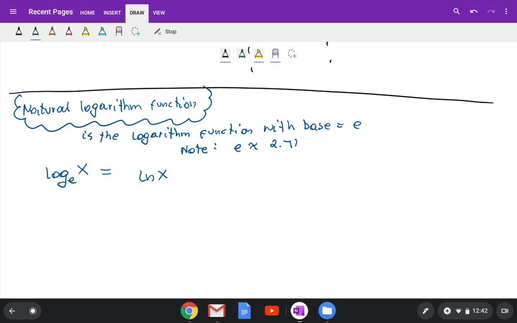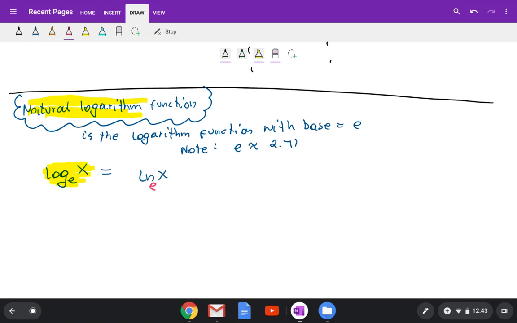Why? First of all, if you look at this left side, if you're an average person who never saw logs, it looks very complicated even to read. You just need to remember that when you see ln of x, we call that the natural logarithmic function. Each logarithmic function has a base. So here we have a base, and you have to remember that the base is equal to e.